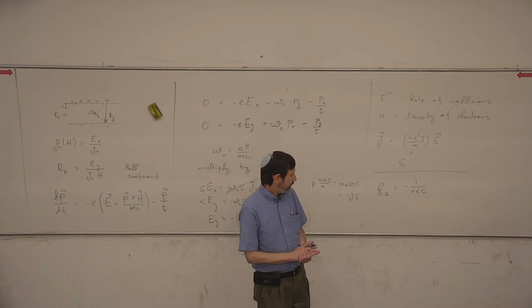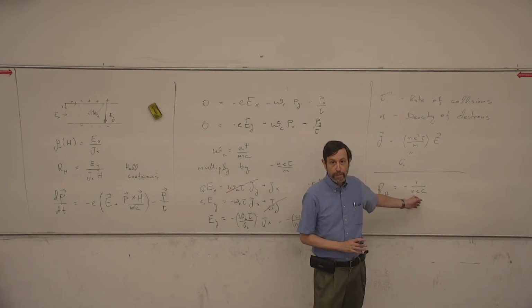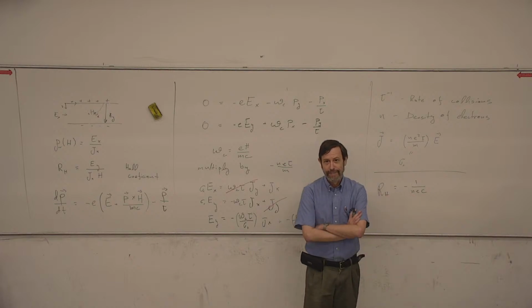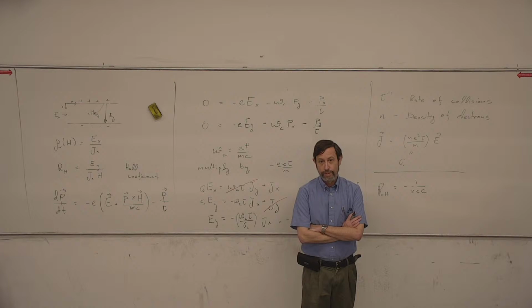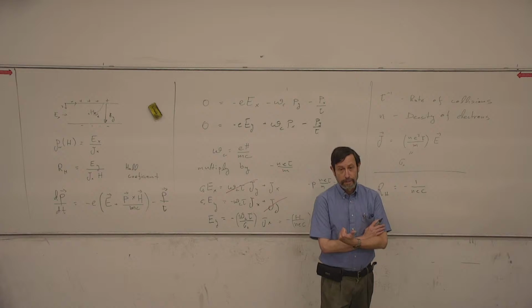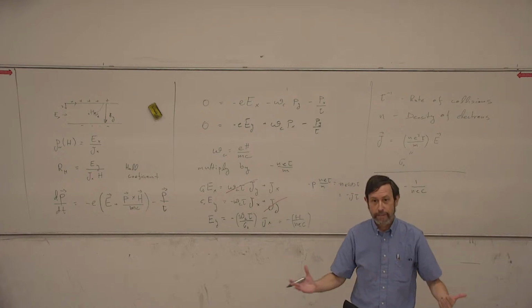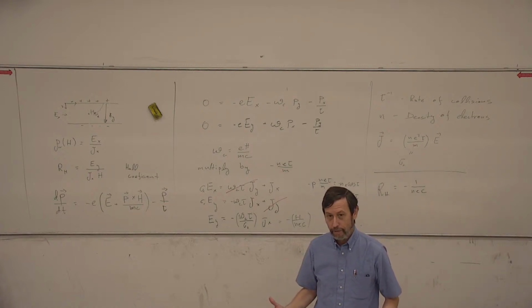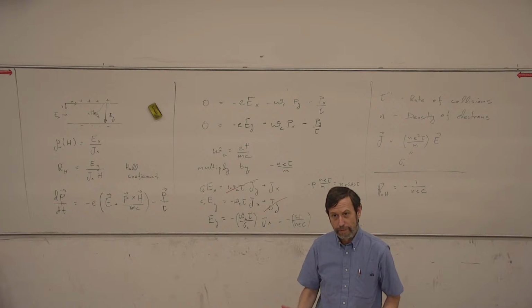We can get here a positive and negative value of the Hall coefficient, which means that the current carrying entities are either negative or positive.